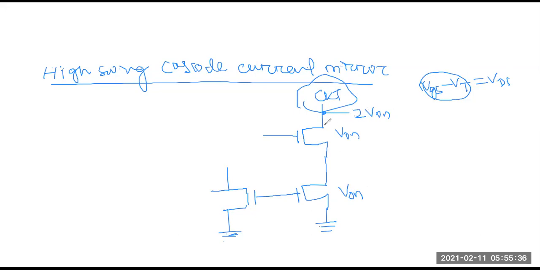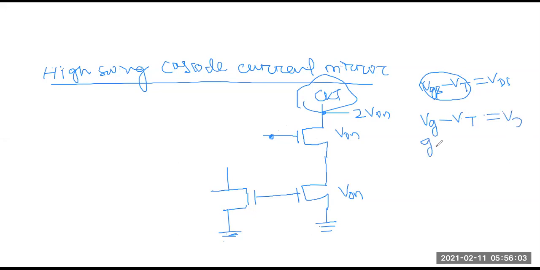If this is the minimum voltage, then this is 1 VT higher to make it saturation. Just calculate, just see this thing. Vg minus Vt is equal to Vd.